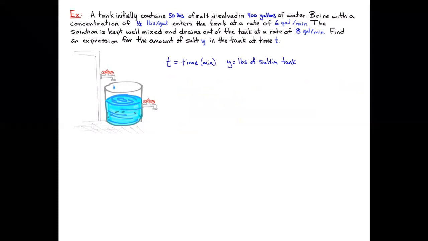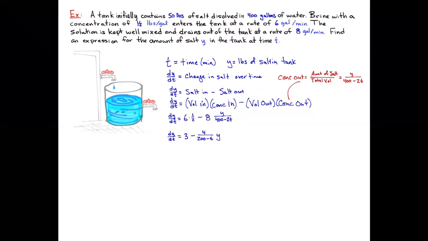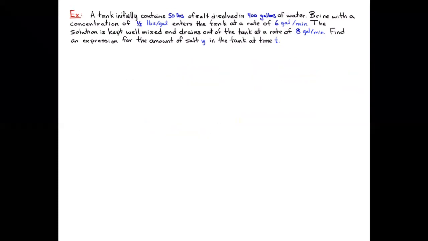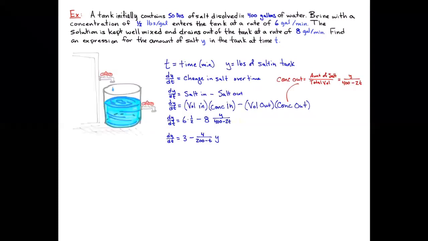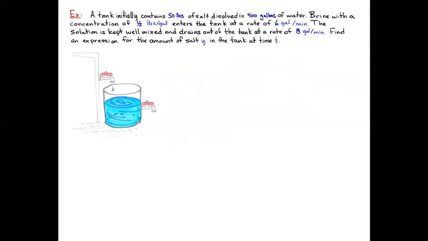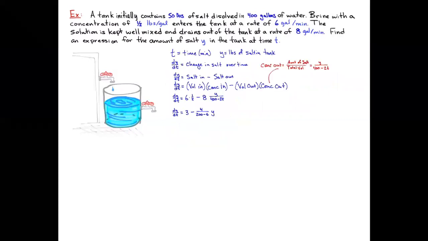I'm going to need a little bit more room, so I'm going to shrink this down. And I look at this differential equation, and the first thing I think is, if I solve this, I'm not going to find the solution.